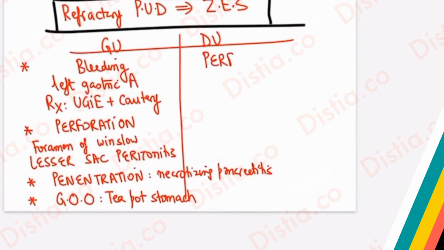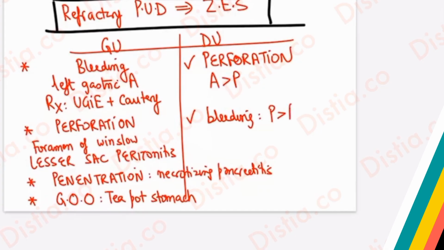On the right hand side, when it comes to a duodenal ulcer, it can definitely perforate. The incidence of perforation is relatively more common in case of a duodenal ulcer. An anterior duodenal ulcer will have higher chances of perforation than a posterior one. You are familiar with the fact that when it comes to bleeding, it is a posterior duodenal ulcer that will have a higher incidence because the gastroduodenal artery goes behind the duodenum per se.